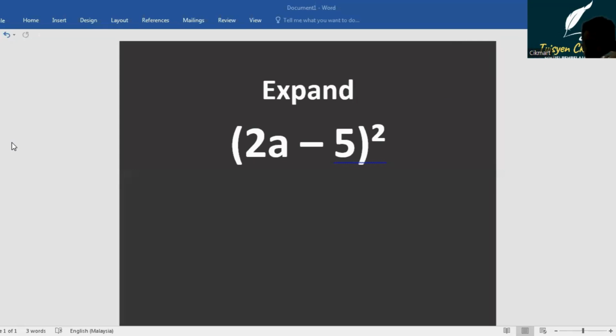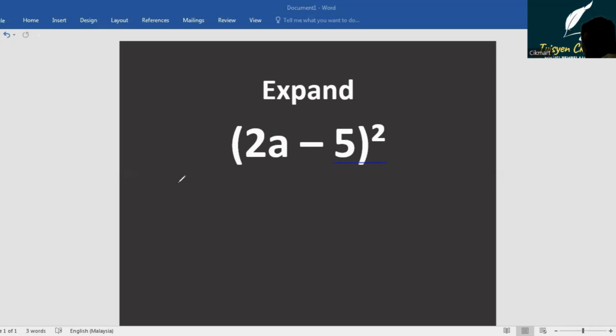So it's simple. Actually, square means you multiply the same term. You multiply the bracket term twice. Of course, square means twice, and cube means thrice, 3 times. This one 2 times. So we are going to arrange this in this form.